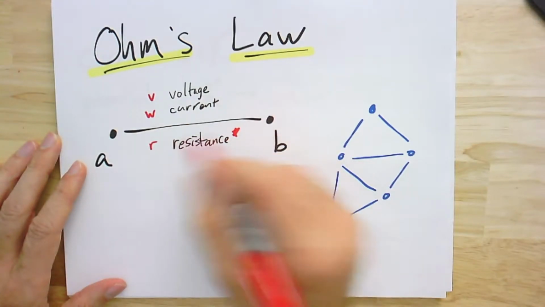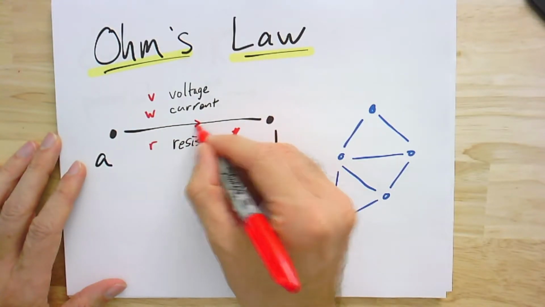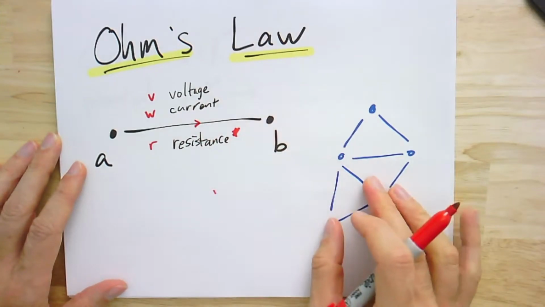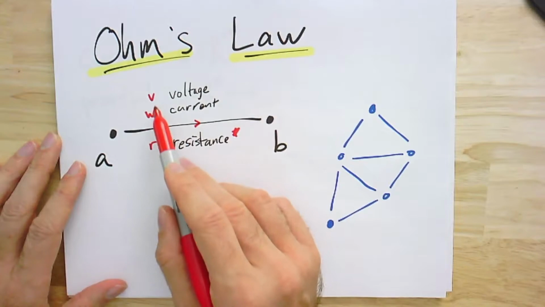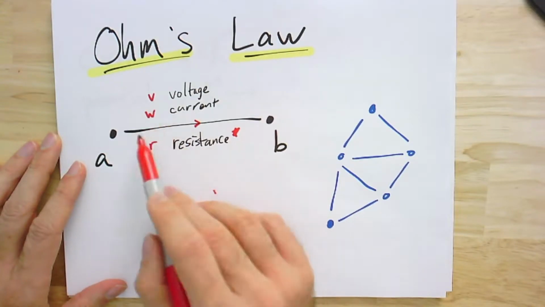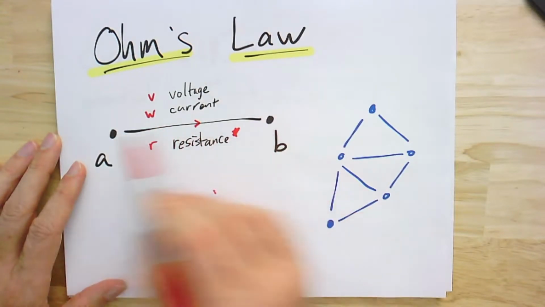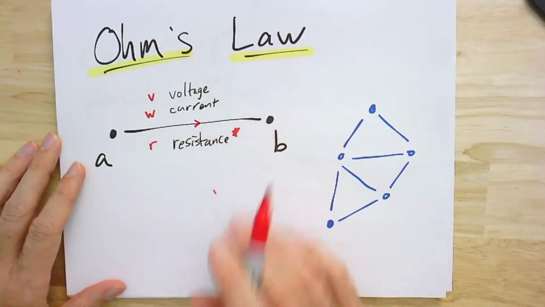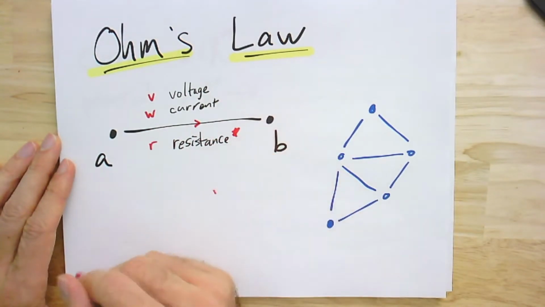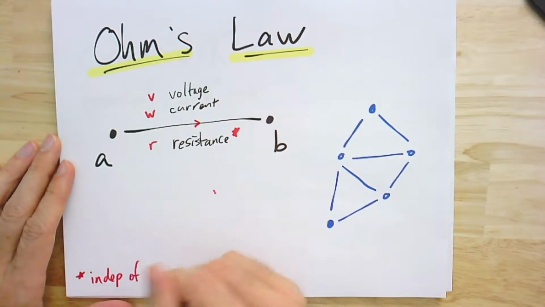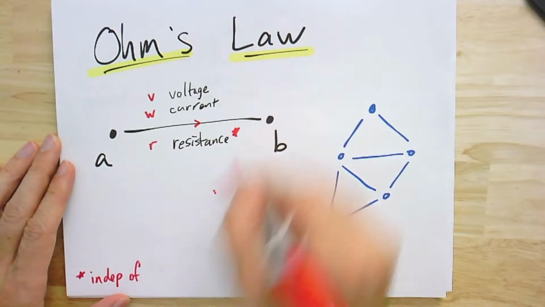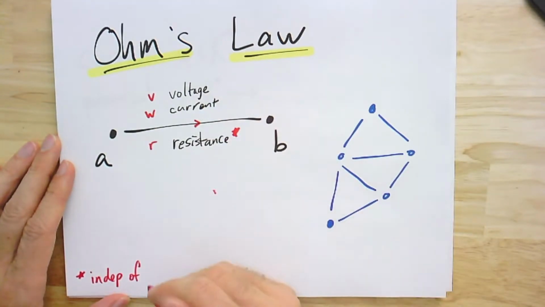So even though the graph is not directed, we will at least orient it so that we can say whether positive or minus of these values corresponds to going in the direction of the orientation or against the orientation. And the little asterisk here again is that the resistance is independent of the orientation. And that fact that the resistance is somehow slightly different in this setup will also come out in the equations.